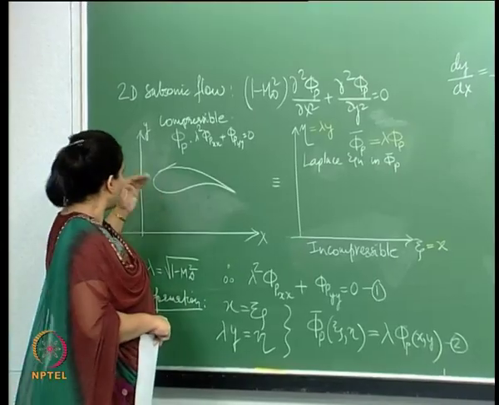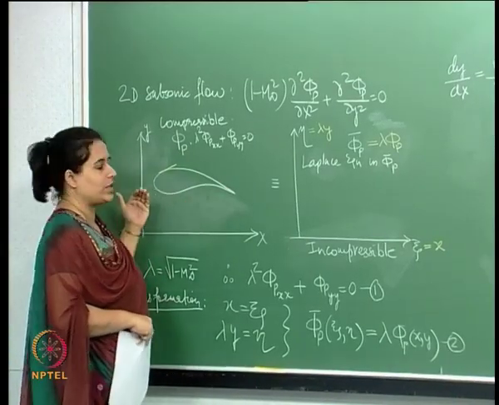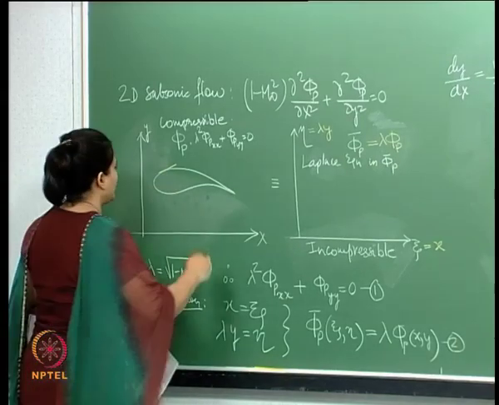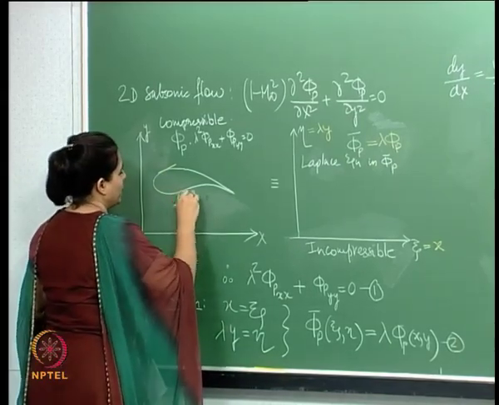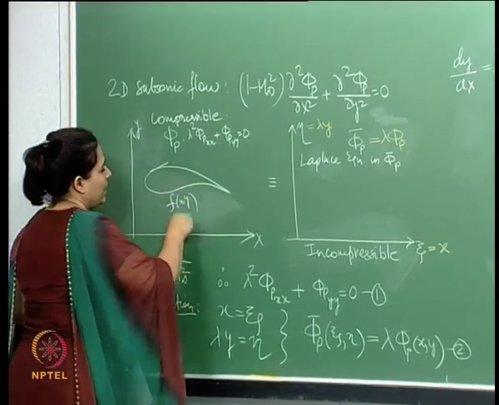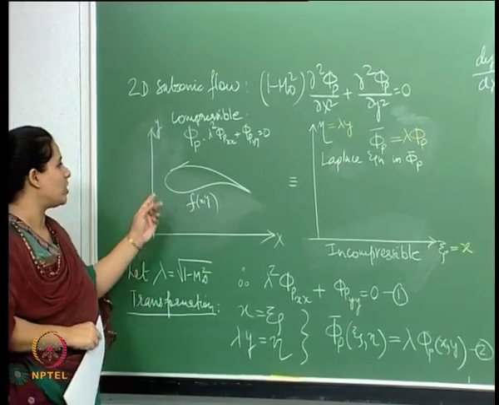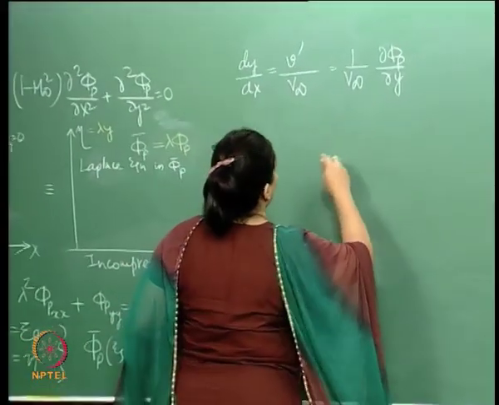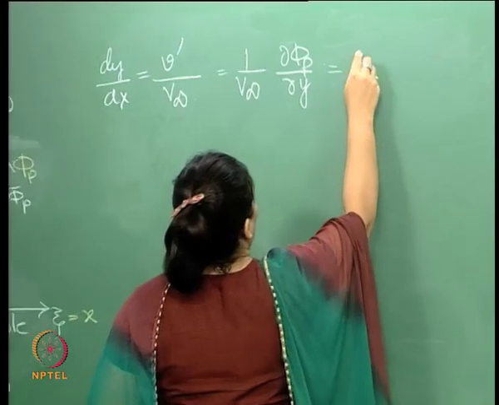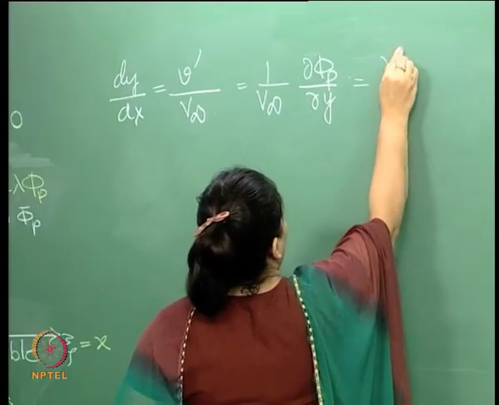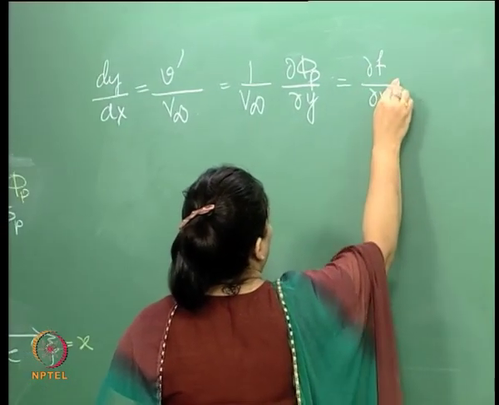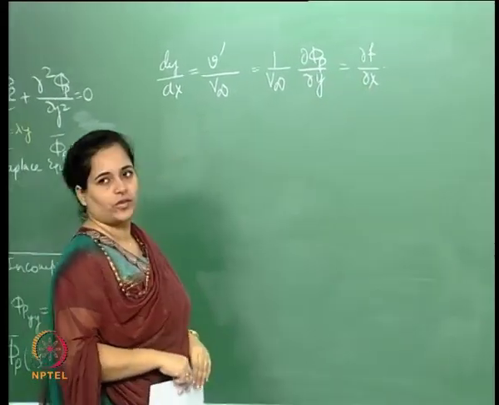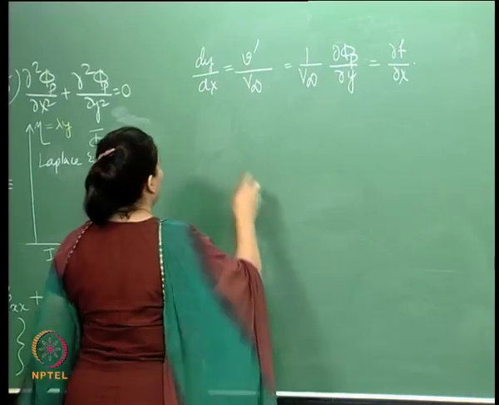Now, for the problem that we had, the contour was given to us. Let that function be f(x), which gives the contour of the body here. So I could write this as equal to, just so dy by dx would be df by dx.